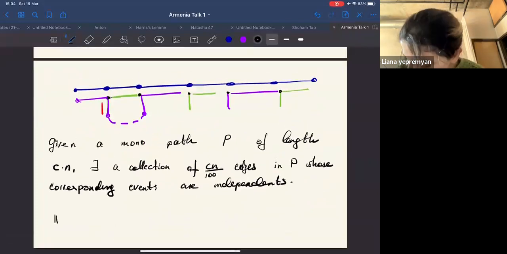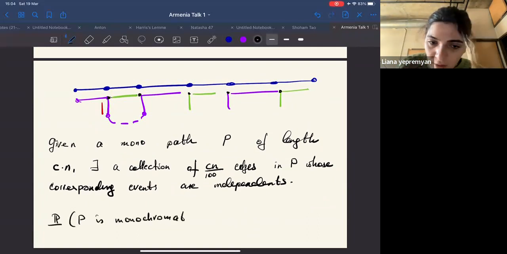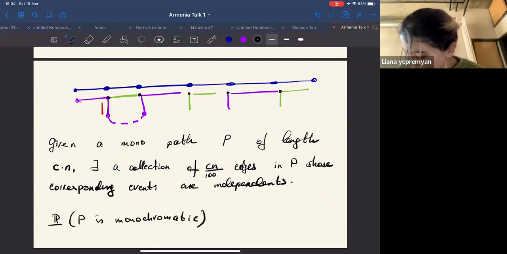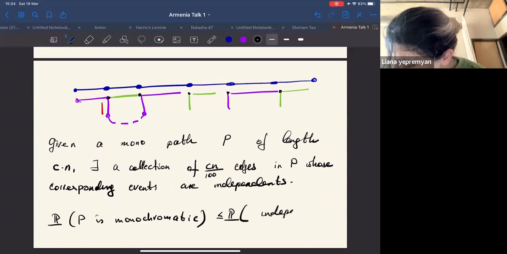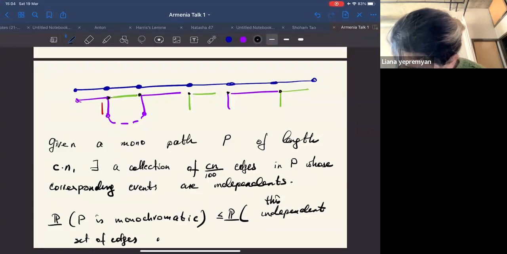Then the probability that my path P is monochromatic, if I want to give some loose bound, is at most the probability that this independent set of edges are all monochromatic.